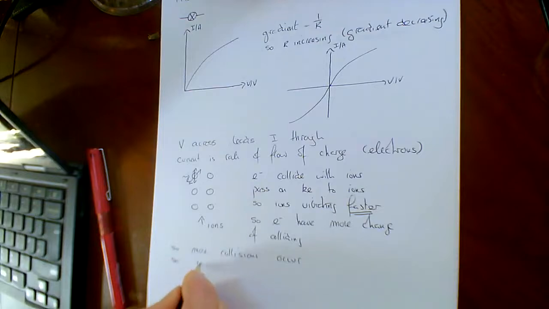So the resistance has increased. So the gradient of the graph decreases.